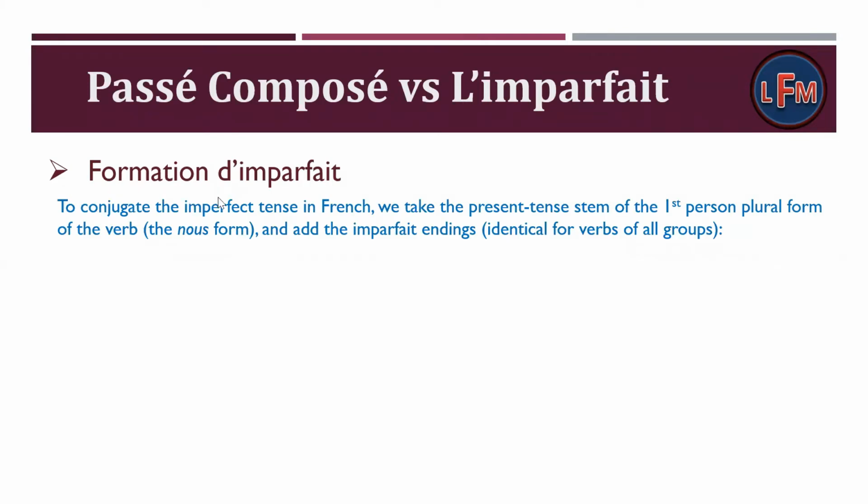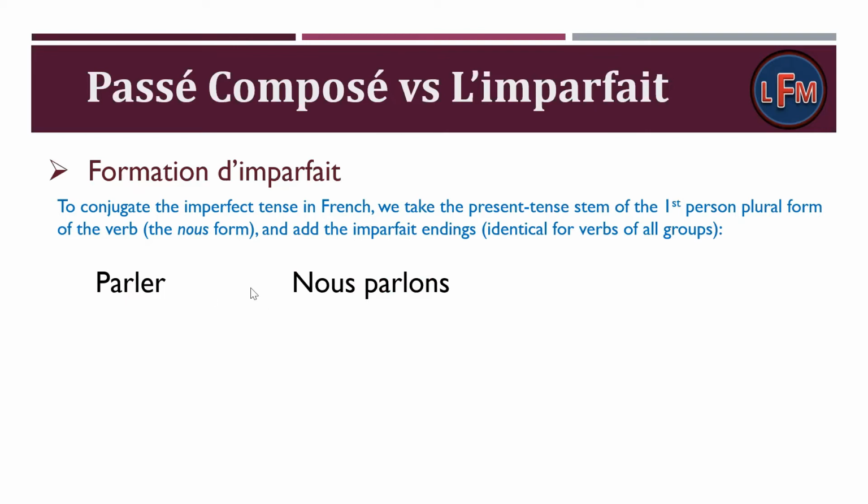Now let's see the formation of imparfait. To conjugate the imperfect tense in French, we take the present tense stem of the first person plural form of the verb, that is nous form, and add the imparfait endings, identical for verbs of all groups. Let's take an example, parler.